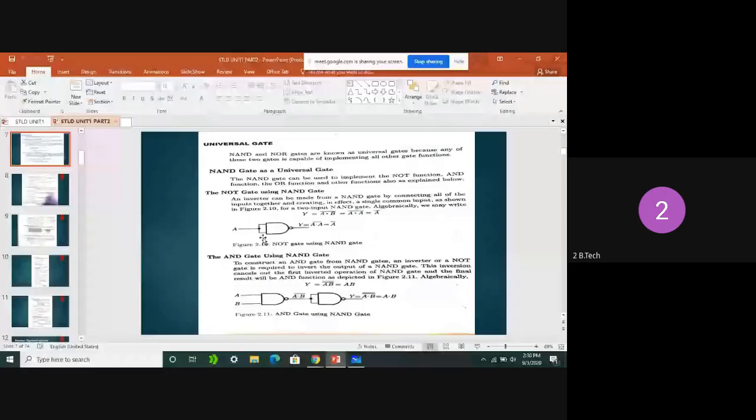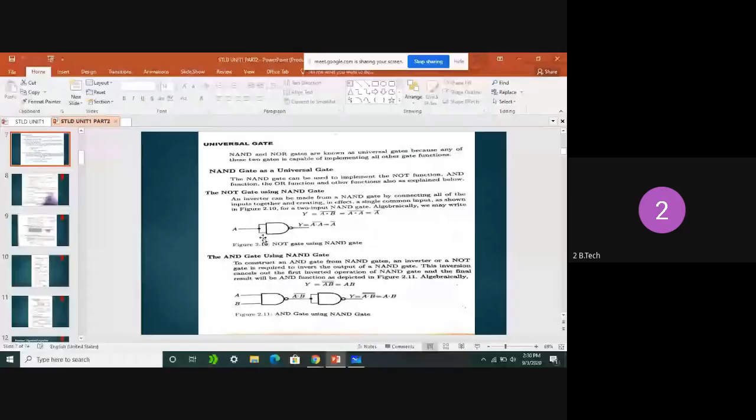If you take any Boolean operation or any gate, like NOT gate, AND gate, OR gate, exclusive OR gate, XNOR gate, any relation in Boolean algebra can easily be represented using either NAND logic or NOR logic. That's why these two gates are called universal logic gates. In the next session we can clearly see why.